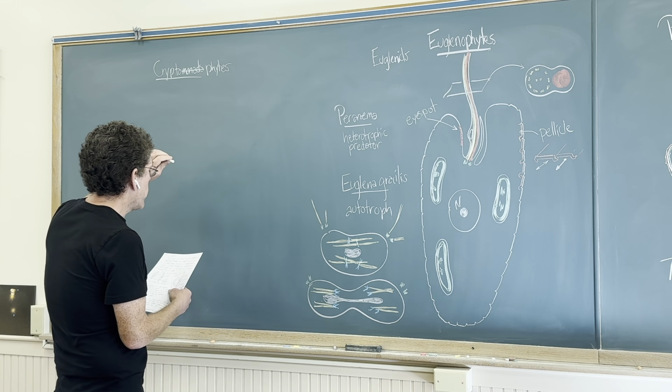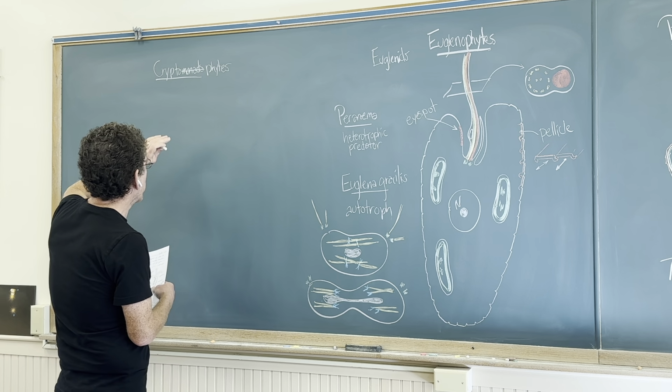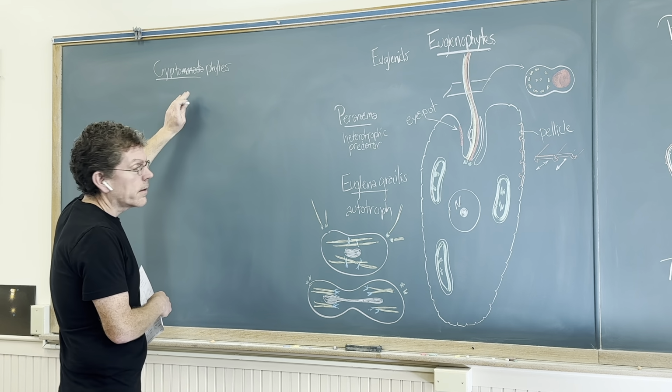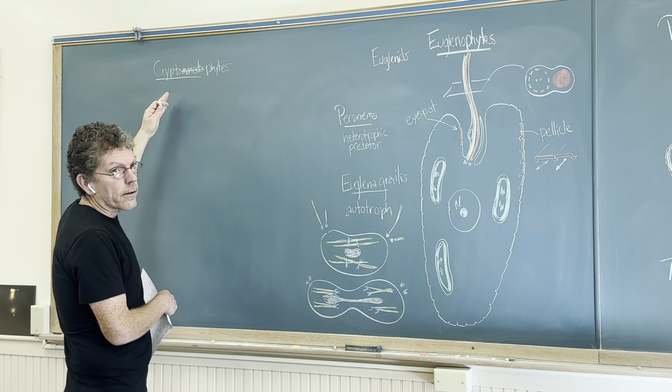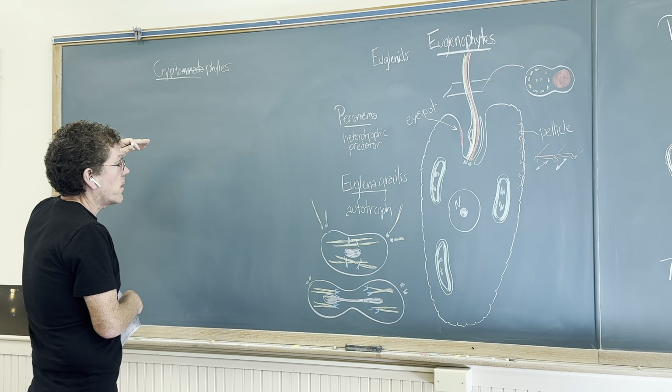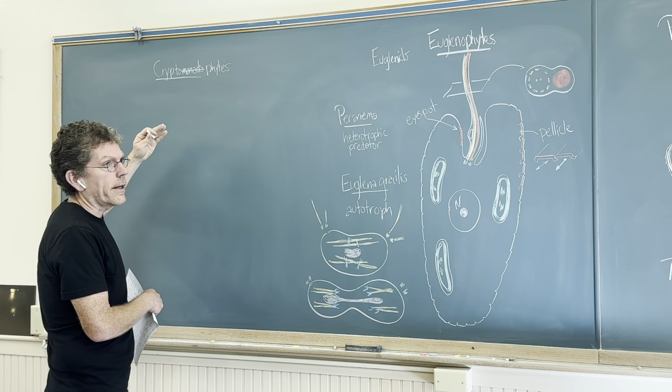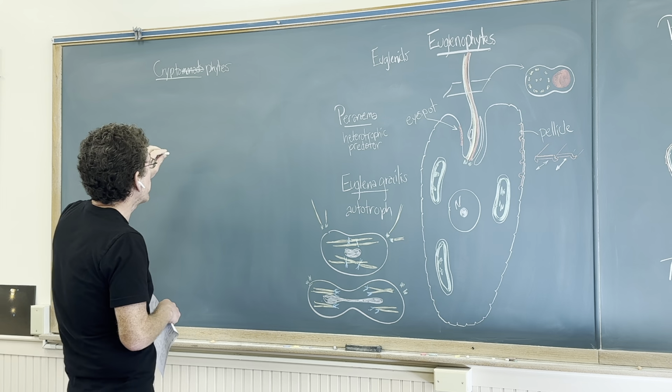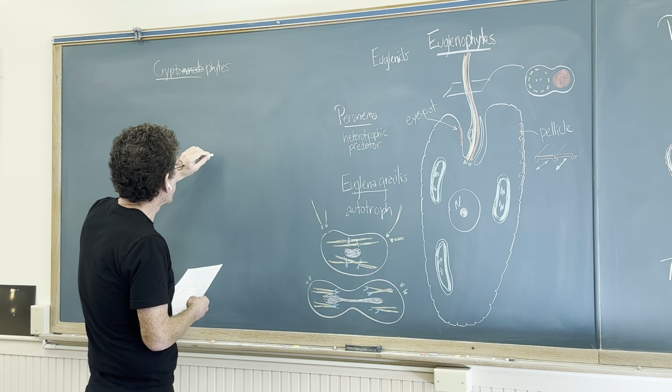So the key thing about this group, they're very definitely secondary endosymbionts. And their endosymbiosis very clearly involved a red alga for two reasons that I'll outline after I draw one.